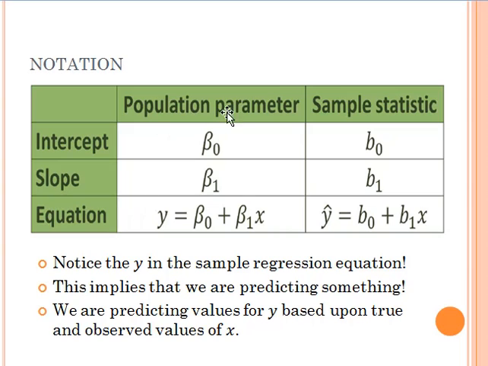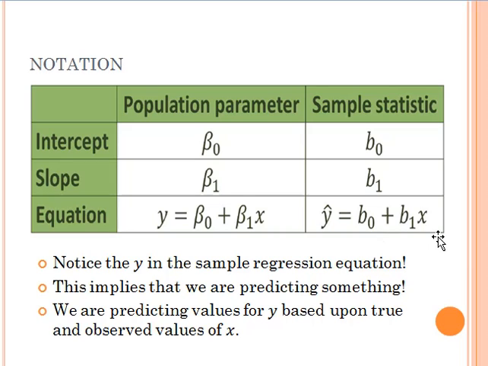So we are denoting the population parameter for intercept as beta naught or beta 0, and for sample statistics we are representing it as b naught. Similarly, the slope is represented as beta 1 and b1, and by using slope and intercept we can define the equation as y equals beta naught plus beta 1 x, and for sample statistics we can write it as y hat equals b naught plus b1 x.